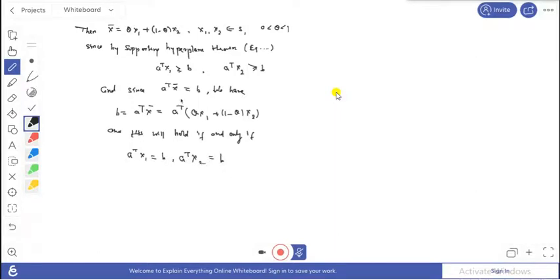Okay, so if this equals B and this is also equal to B, then this condition holds.